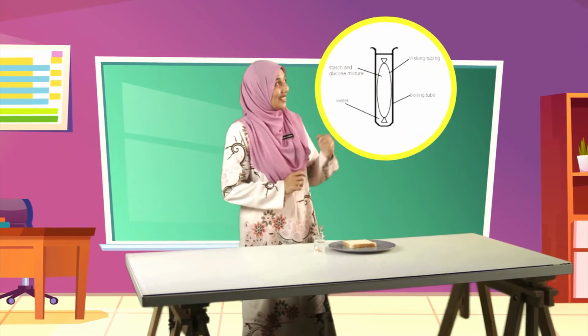We can use a whisking tube to replace the small intestine in this experiment because it has a similar characteristic to the small intestine wall. This is how the whisking tube looks like. Now, pupils, let's take a look at how to conduct this experiment.